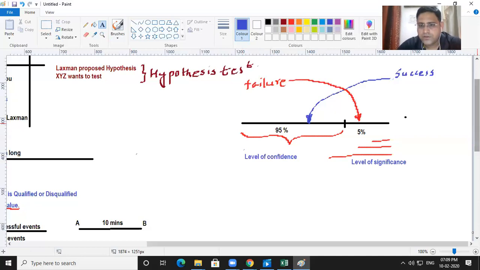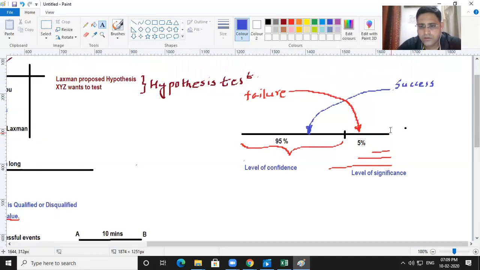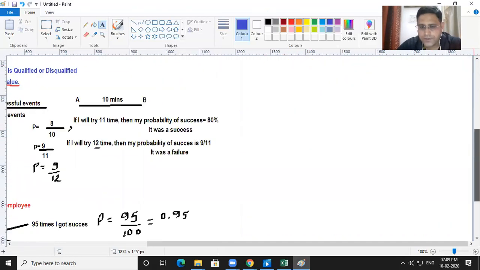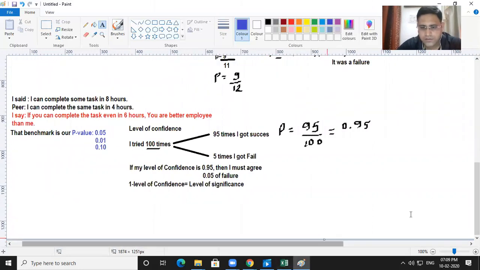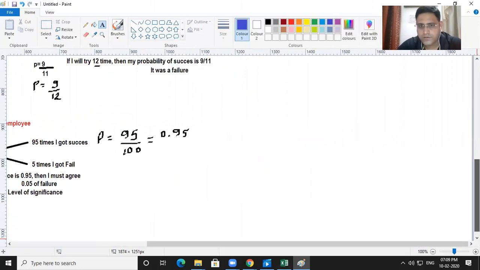So now it's up to us in which zone I will fall.